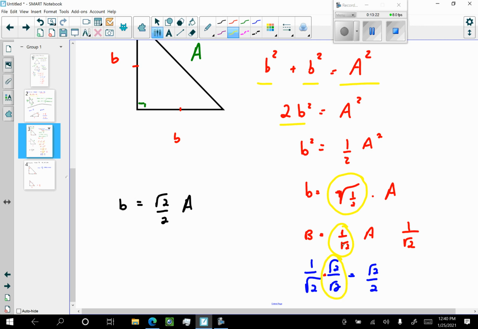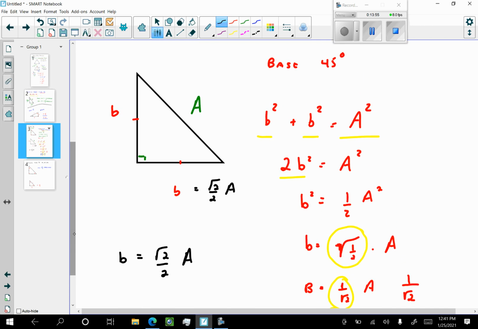Yep, that's 1, in the form of square root of 2 over square root of 2. I get 1 times square root of 2 is square root of 2. Square root of 2 times square root of 2 is 2. And so this b then is square root of 2 over 2 times a.